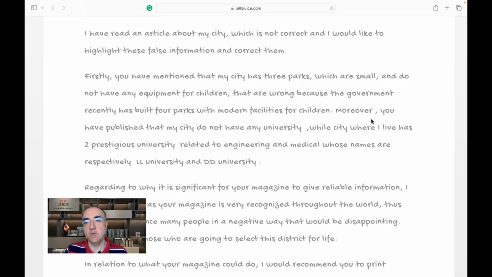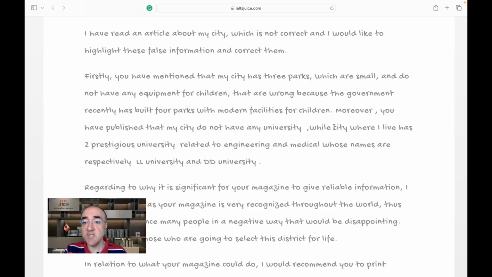Moreover, okay, you have published that my city does not have any university. Gosh, that doesn't sound good. I mean, the city not having any university. Many cities don't have universities. Okay, but the sentence gives me this vibe that it's bad. That my city does not have any university.